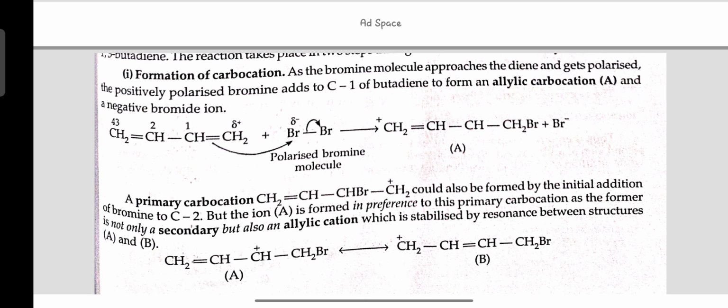A primary carbocation should also be formed by the initial addition of bromine to carbon 2, but the ion A is formed in preference to this primary carbocation, as the former is not only a secondary but also an allylic cation which is stabilized by resonance between structures A and B.